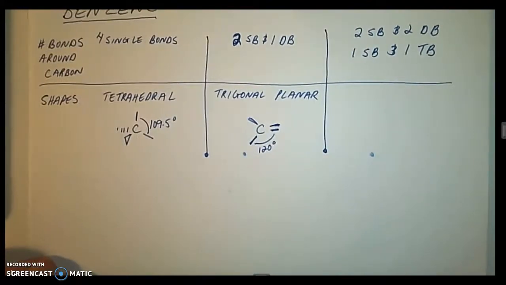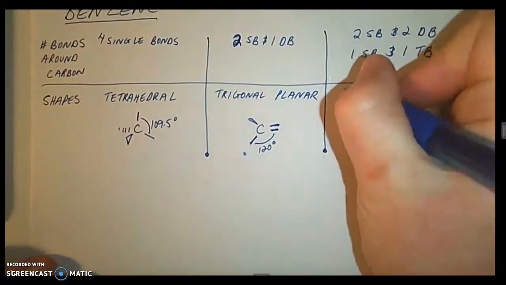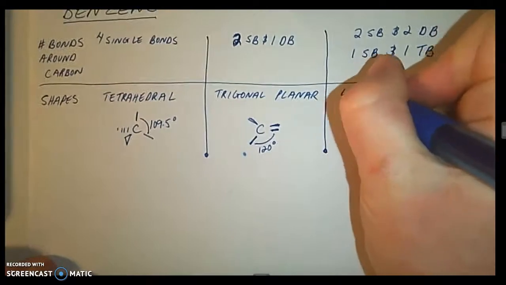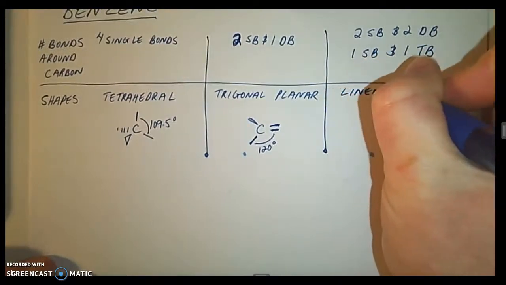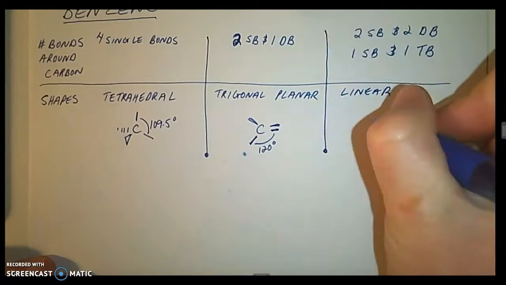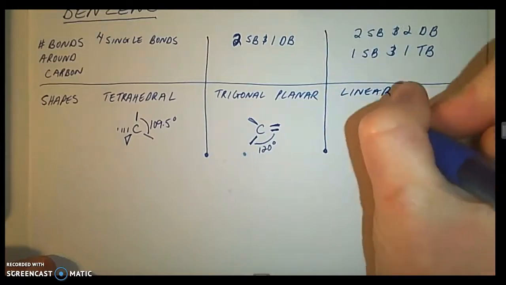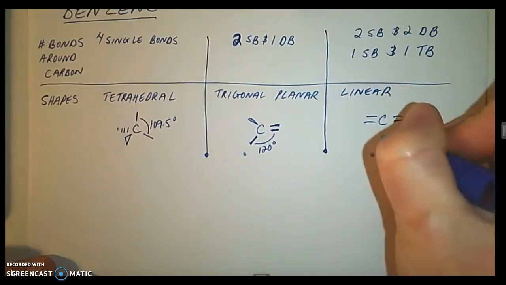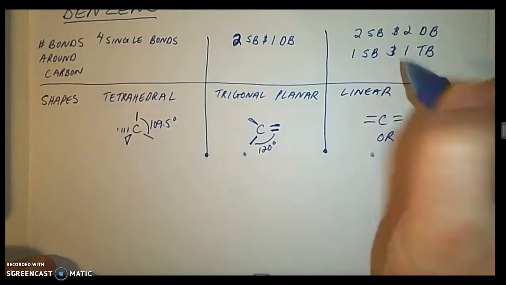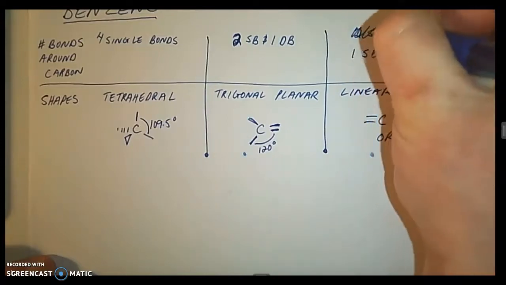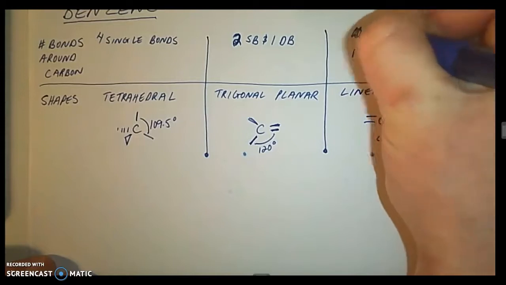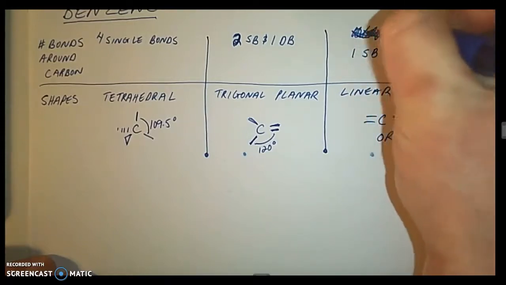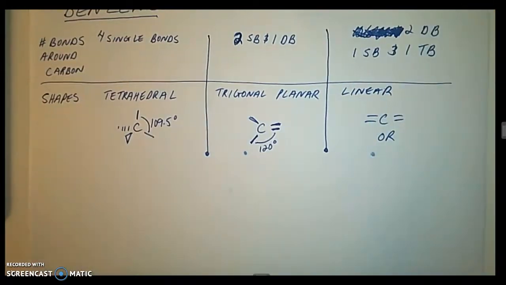And then our last scenario is a linear molecule around carbon. This is either if carbon has double bonds on both sides, or, I'm getting a little bit mixed up with the difference between what's called a single bond and a sigma bond.